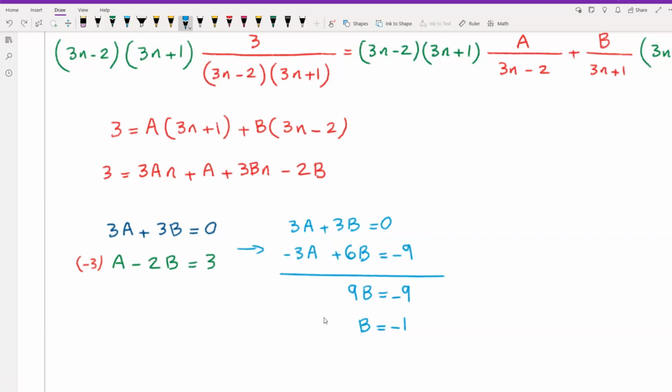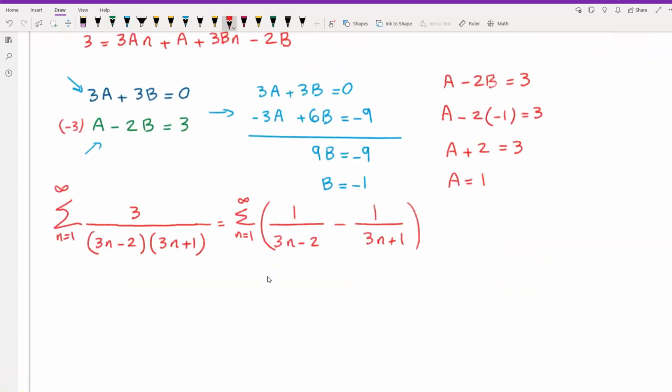So solving for b, b is equal to negative 1, and then use negative 1 in one of these two equations and find a. So I'm going to use the second equation, a minus 2b equal to 3, and b is negative 1, so a minus 2 times negative 1 equal to 3, a plus 2 equal to 3, a is equal to 3 minus 2, so that is equal to 1.